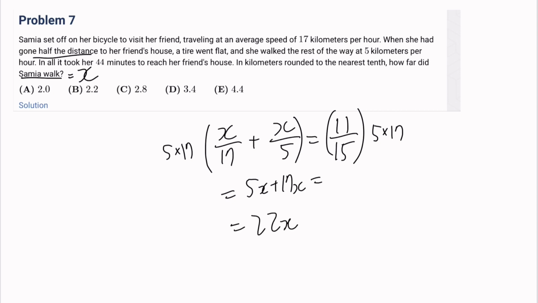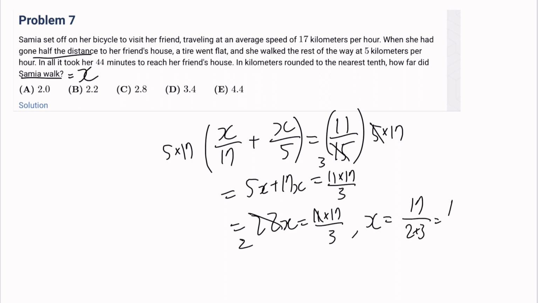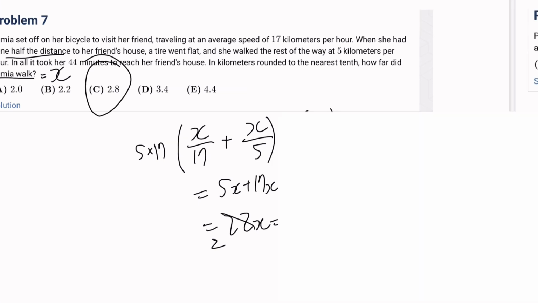And this equals, these cancel, so it's 11 times 17 over 3, and these two cancel to make 2. X equals 17 over 2 times 3 equals 17 over 6. So this is 2 and 5 over 6, right? And the only number that is over 2.5 but less than 3 is 2.8, so the answer is C.